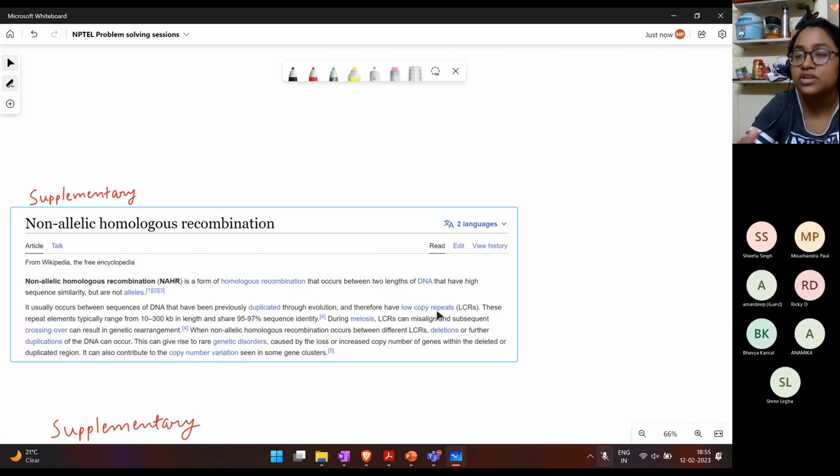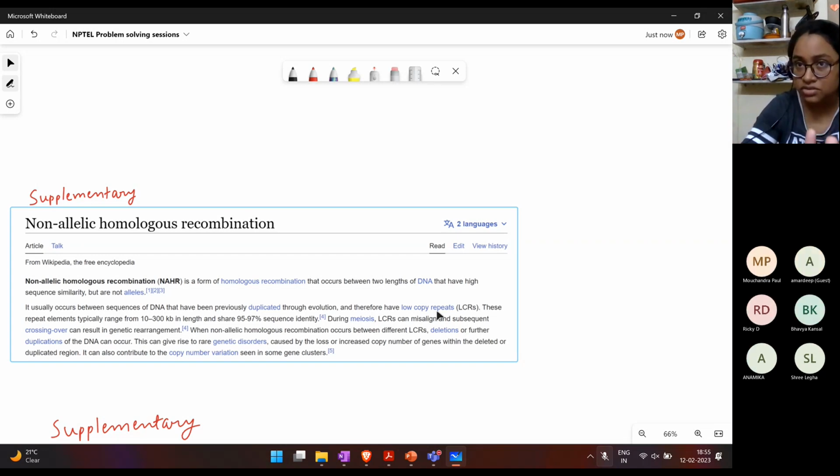It can increase or it can decrease the copy number. So because of this, the region after the recombination might have a loss of DNA sequence, or the DNA sequence amount has increased, or the same block of DNA sequence has repeated. So the copy number is increasing for a particular segment of a DNA sequence.